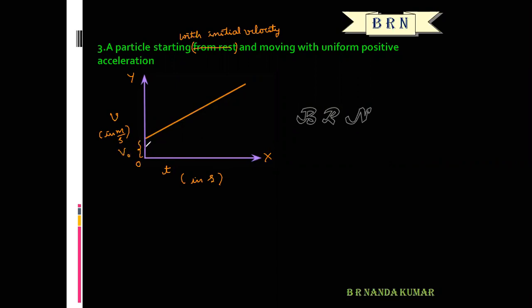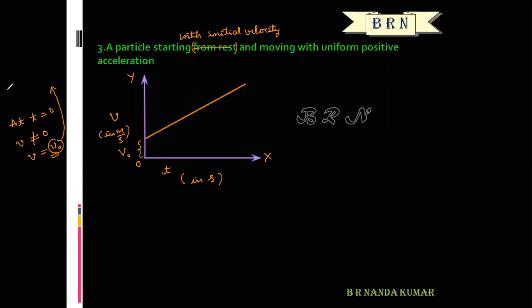V naught is the initial velocity of the particle. At time t equal to 0, the velocity of the particle is not equal to 0, so that is equal to V naught. V naught is called the initial velocity.